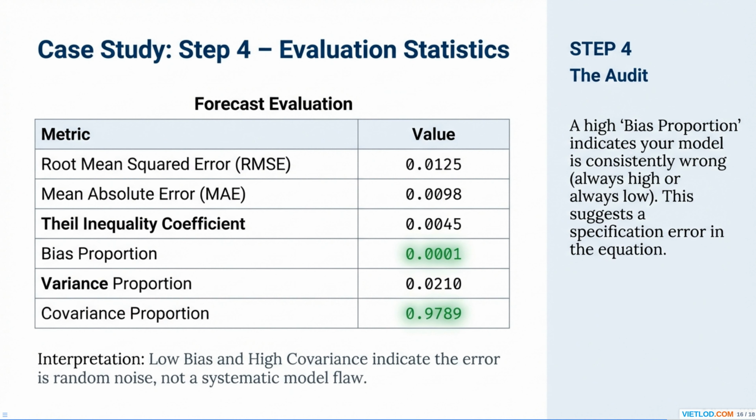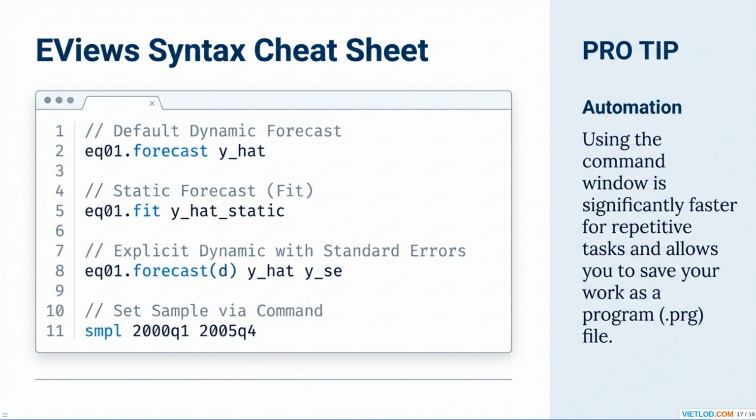Now we perform the statistical audit. The root mean squared error and Thiel coefficient are both very small, which is a good sign for our forecast accuracy. The most insightful part is the decomposition of the Thiel inequality coefficient. The bias proportion tells us if our forecast is systematically too high or too low.